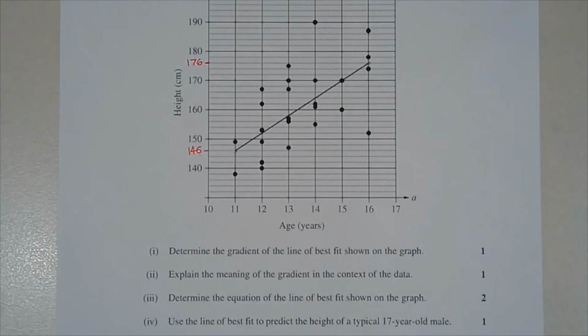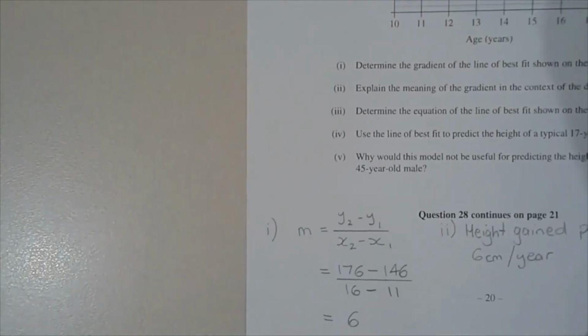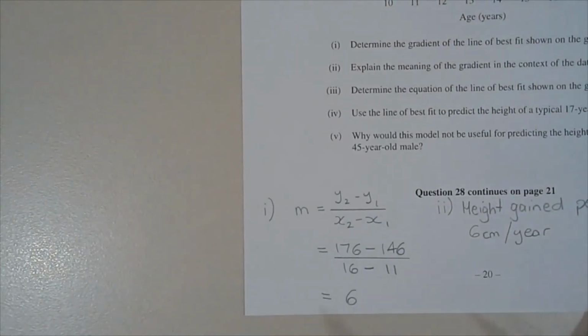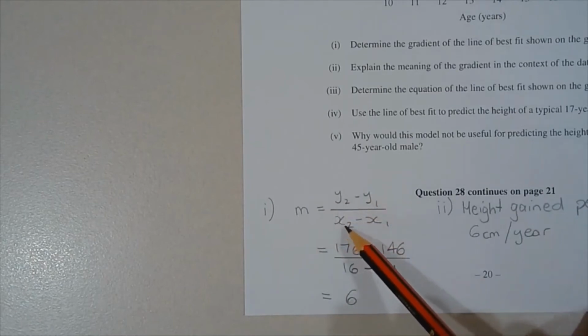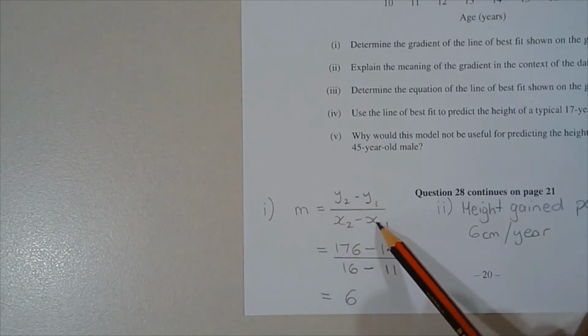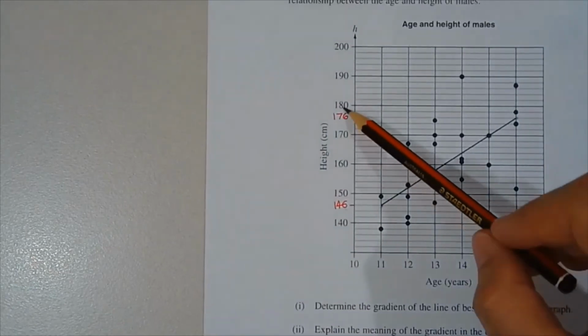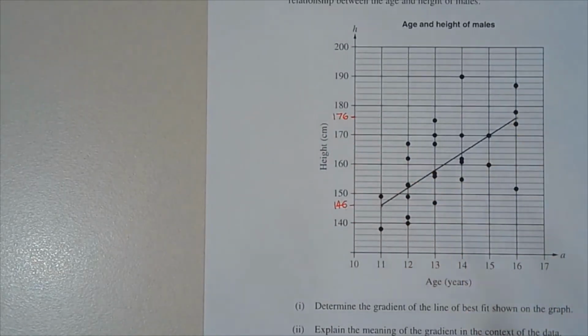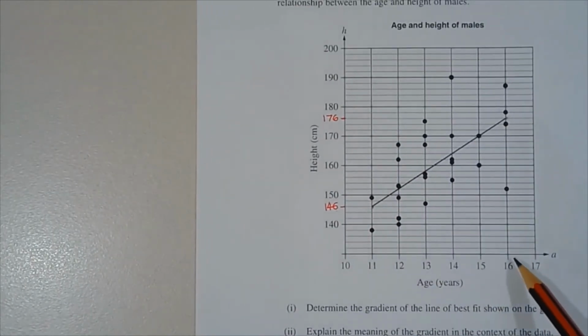Then we apply the 2-point formula to calculate the gradient of the line. So that's the formula, m equals y2 minus y1 over x2 minus x1. Now y2 and y1 correspond to the y coordinates of these 2 points, and x2 and x1 correspond to the x coordinates of the 2 points.